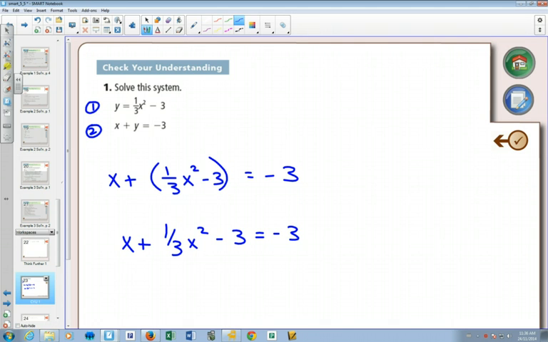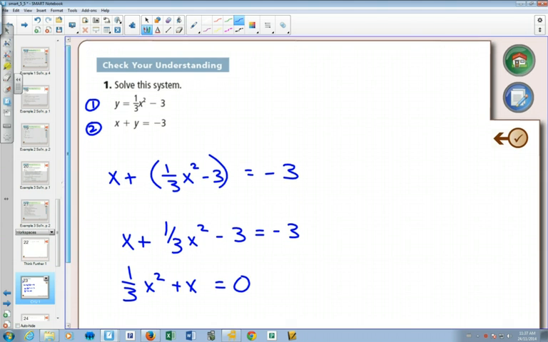The first thing we're going to do is make one side equal to 0. I'm going to write my 1/3 x squared first, then plus x. And when I move the 3 over, add 3 to both sides, they cancel out, and we just have this as an expression. Couple of things we can do from here.